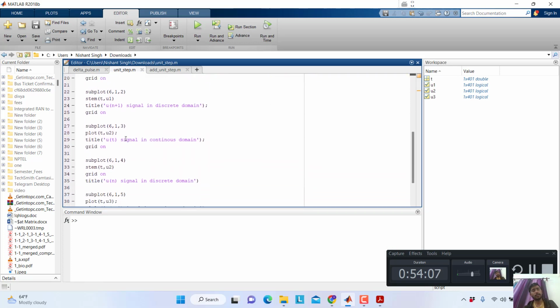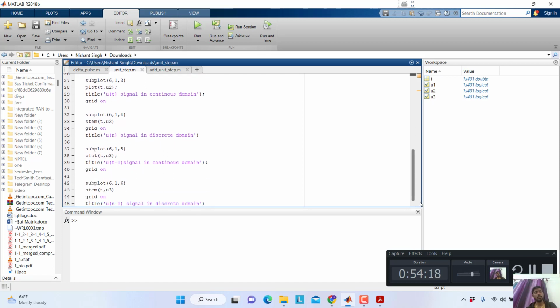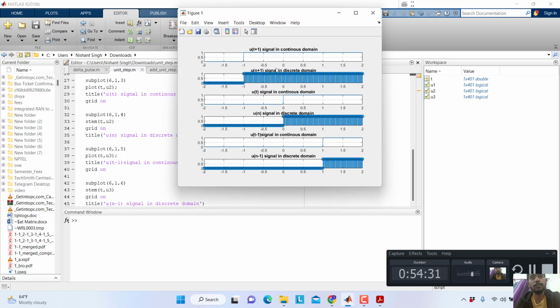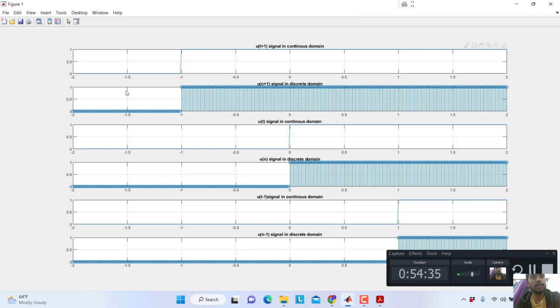Similarly, the last two terms represent u(t) in the continuous domain and u[n] in the discrete domain, and u(t-1) and u[n-1], plotted in the continuous and discrete domains. So there we plot these six curves, and as you see, we are getting 6 rows in one column.